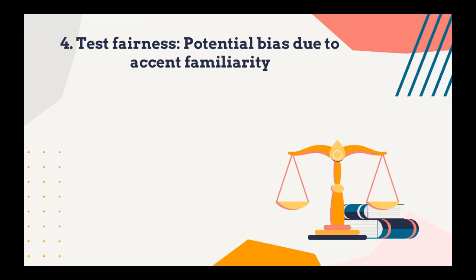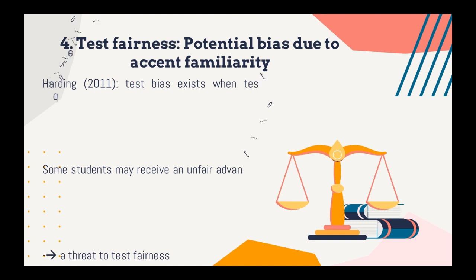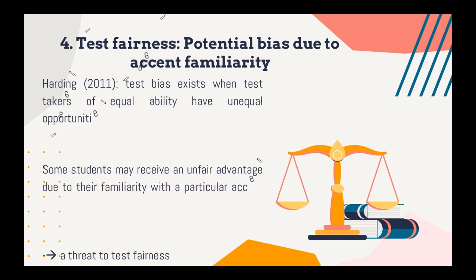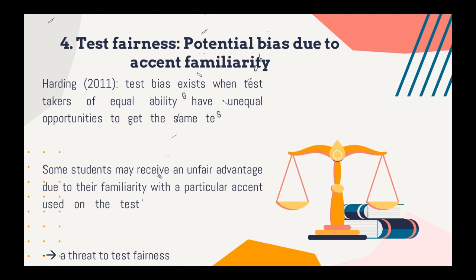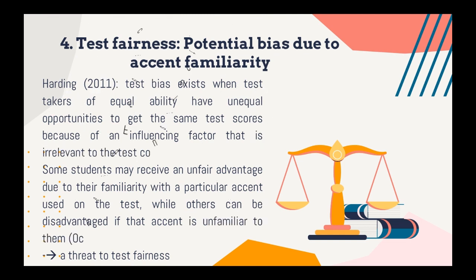Part 4. Test fairness. Potential bias due to accent familiarity. According to Harding, 2011, test bias exists when test takers of equal ability have unequal opportunities to get the same test scores because of an influencing factor that is irrelevant to the test construct.